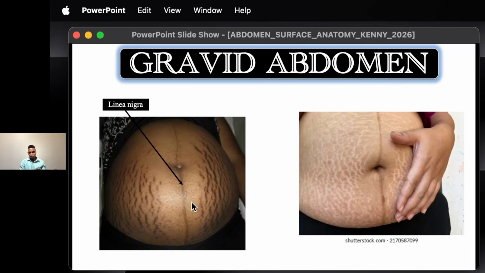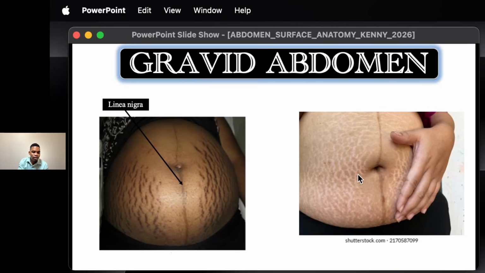We're not going to dive into details about how these lines are formed, but it is deposition of melanin, and it is more likely to happen in pregnancy because of increased hormones.